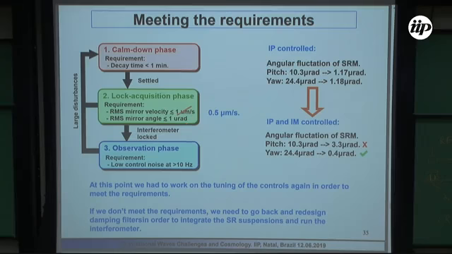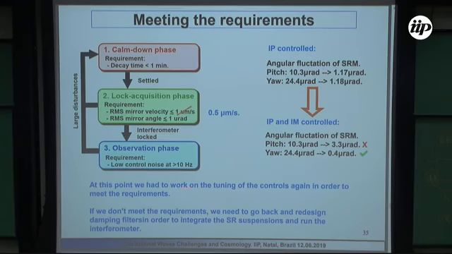So what I want to say here is that with the IP control, we are getting close to our requirement for the acquisition phase. But when we close the other loops, we are not meeting the requirement, at least for pitch, though for yaw, yes.